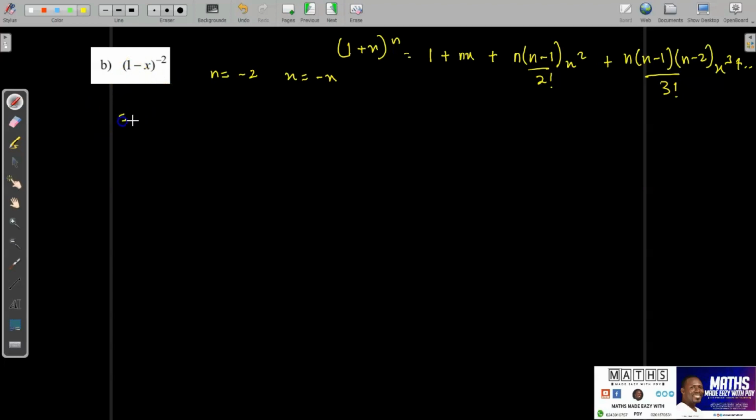So this is going to give us 1 minus x all raised to the power minus 2.